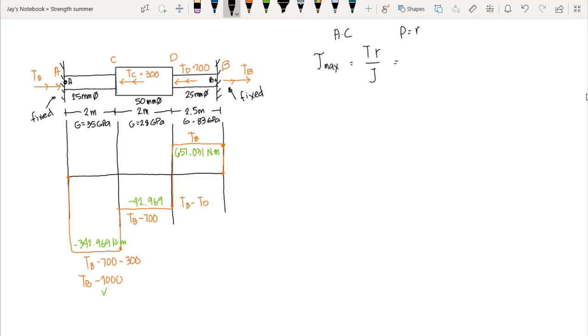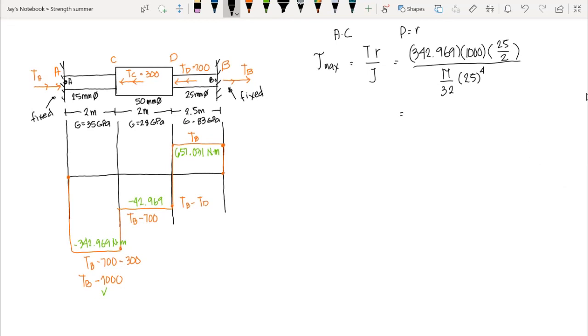So we have the twisting moment of AC that is 342.969. So we multiply it by 1000 to convert it into Newton millimeter. Then we have the radius of our bar AC, that is 25 divided by 2, or that is 12.5, over pi over 32 times our diameter, that is 25 raised to the 4.